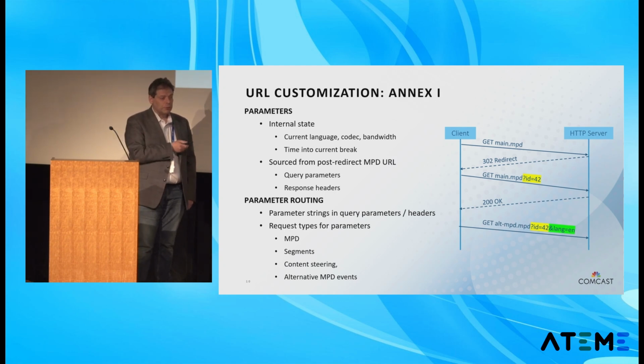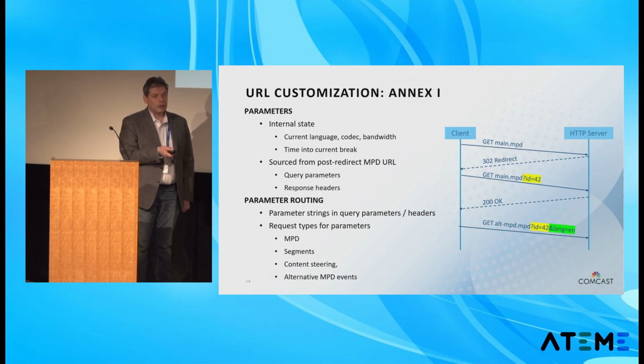So there are two things we can do. In terms of internal state parameters, we have several things defined. Let's say current language, codec, bandwidth, how far we are into the current break, if we are somewhere in the middle. Then we can reflect parameters.